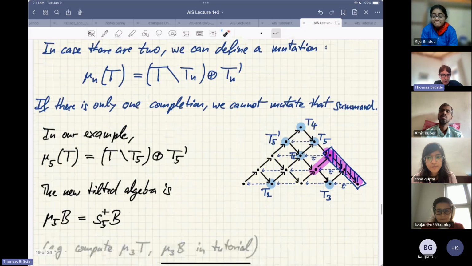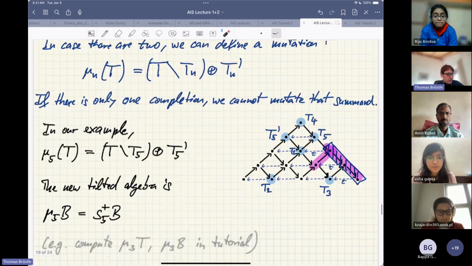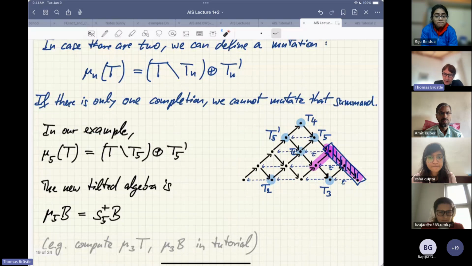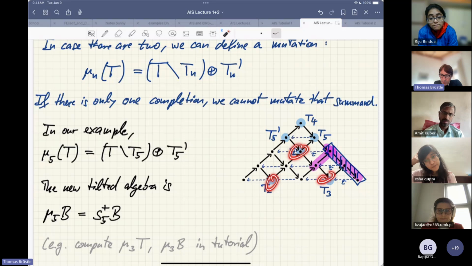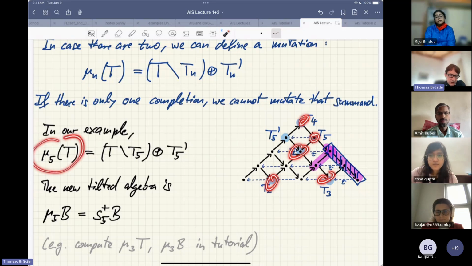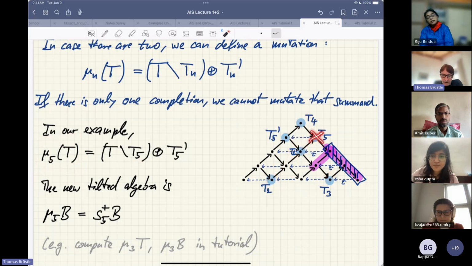Okay. So let's do some examples. In our example, our tilting module is given by T1, 2, 3, 4, 5. And say I want to mutate at 5. So I would like to remove T5 and replace it by somebody else such that the whole thing again is a tilting module.